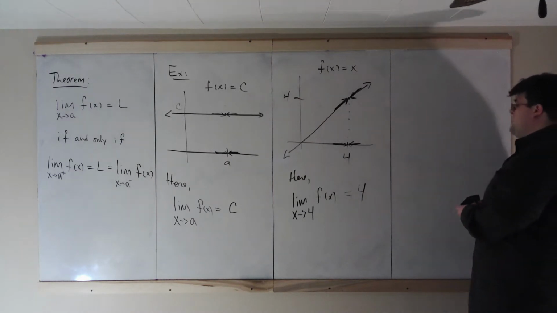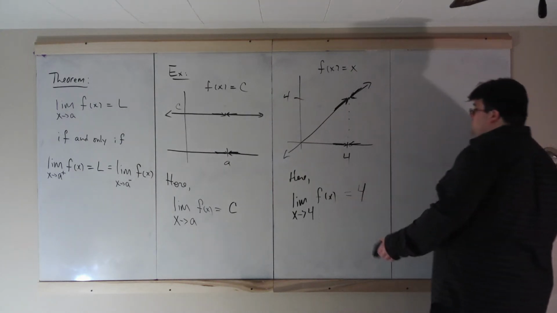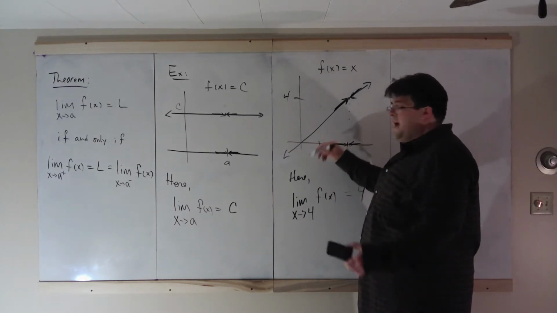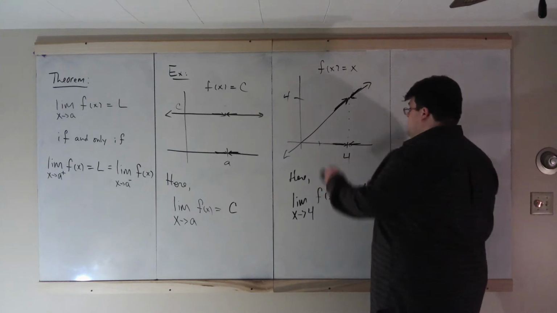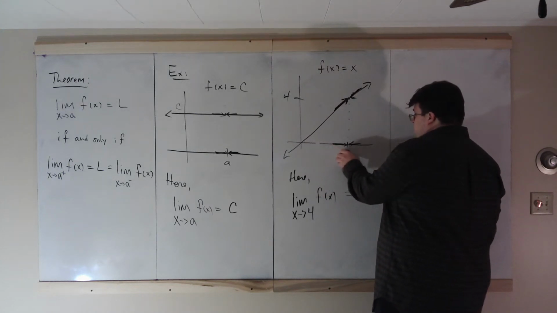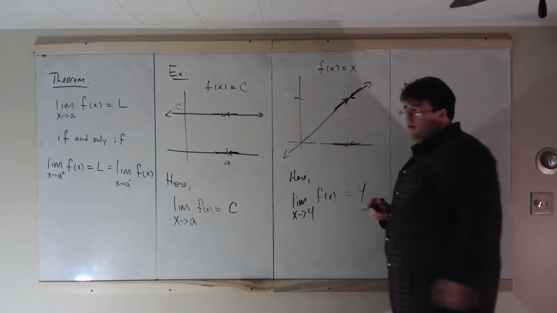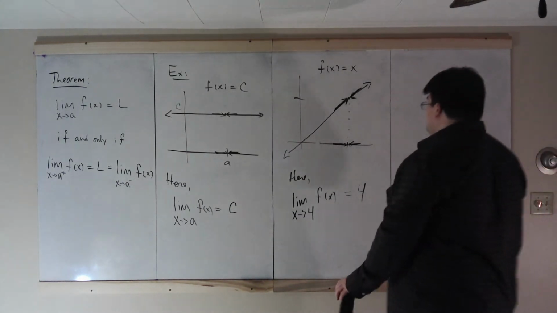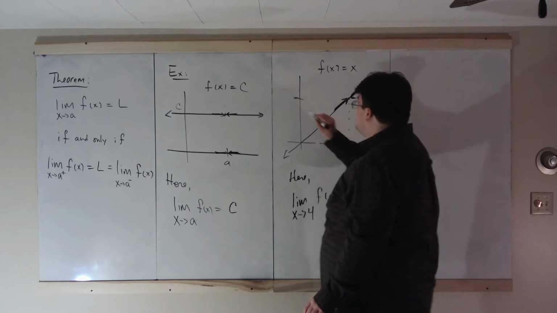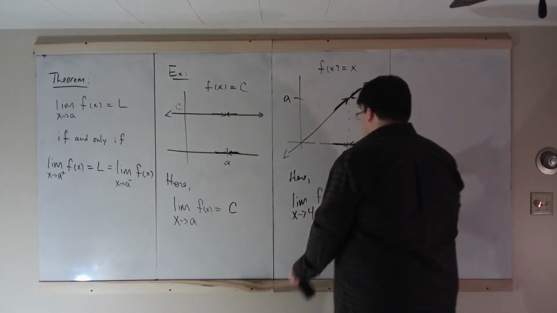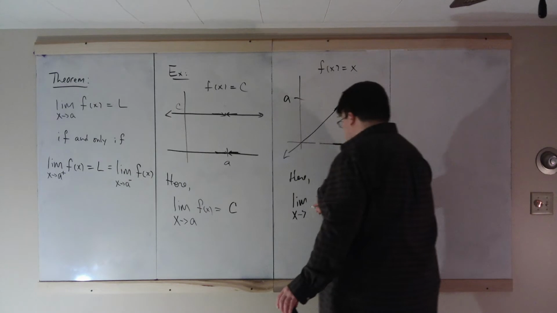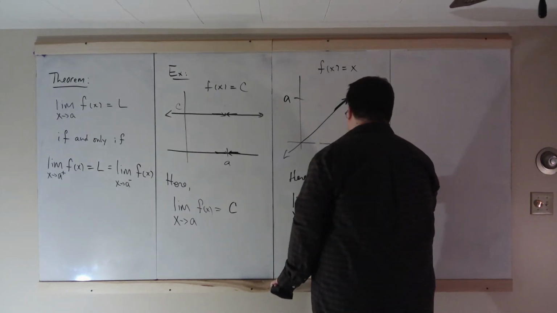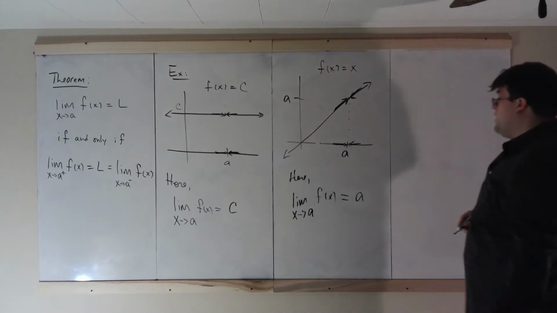And this value 4, what would happen if we chose any other number? Well, we would still have the ordered pair, that number, and that number. So if I changed this to a, and this to a, instead we'd be looking at the limit as x approaches a of f of x, and it would equal a, where a is any number there.